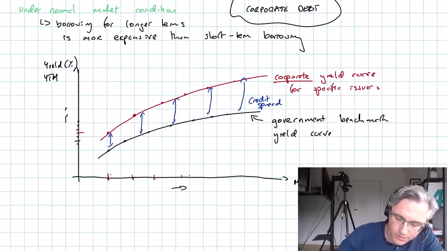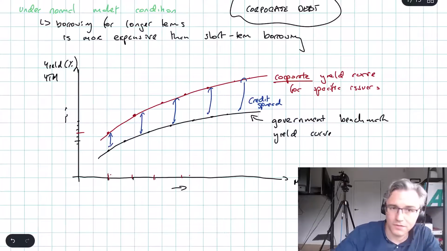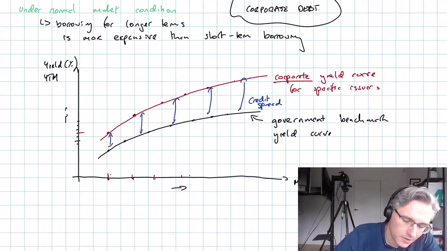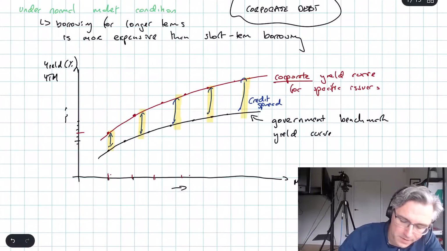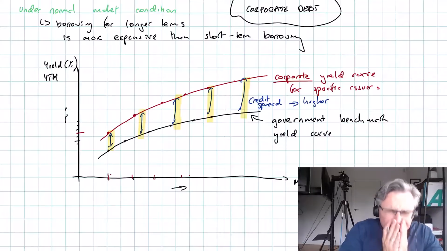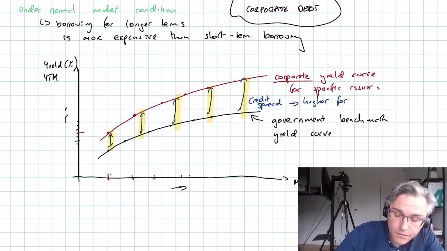And please note that this credit spread has a tendency not to be fixed along the maturity spectrum, but it actually becomes wider or bigger for longer maturities. And that's an important consideration. The credit spread is higher for longer term issues.